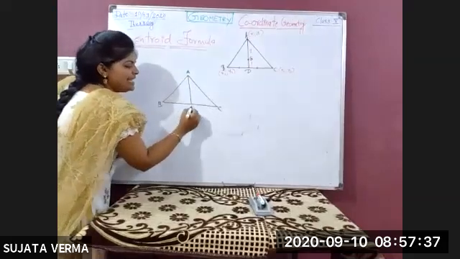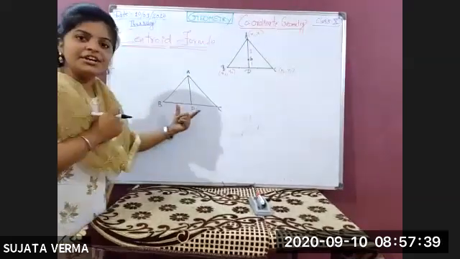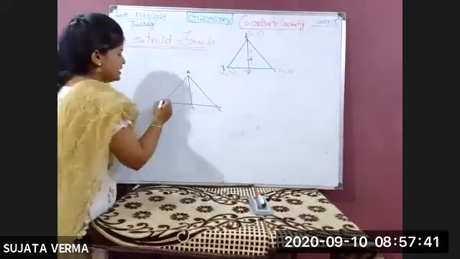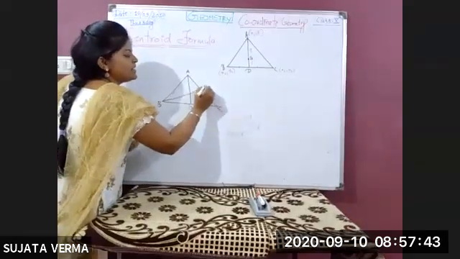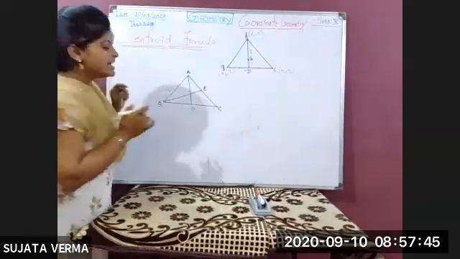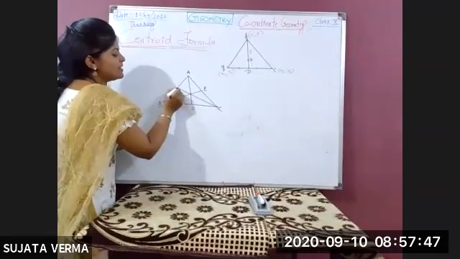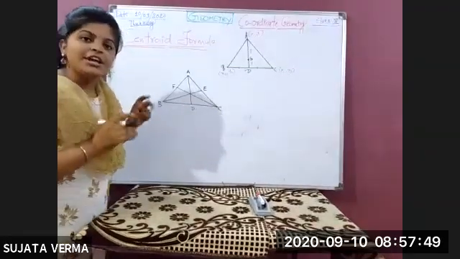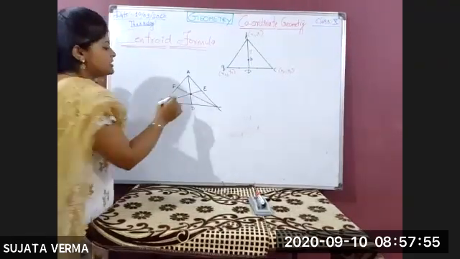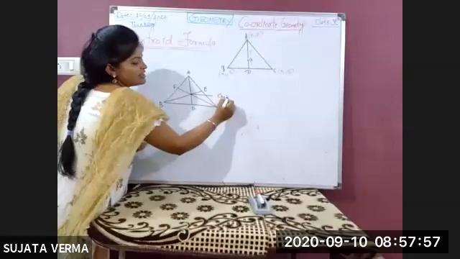Suppose AD is the median of BC, BE is the median of AC, and CF is the median of AB. When three medians meet at one point, that point is called the centroid.